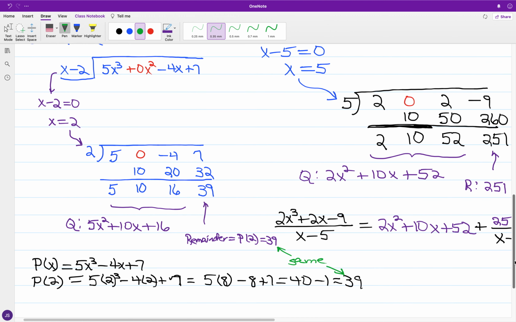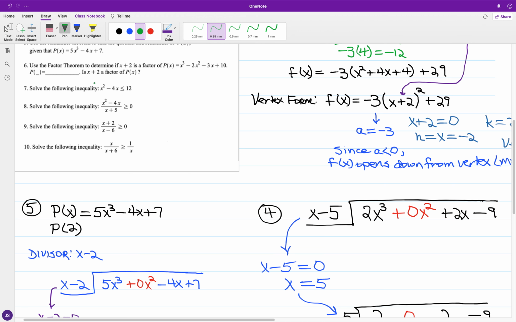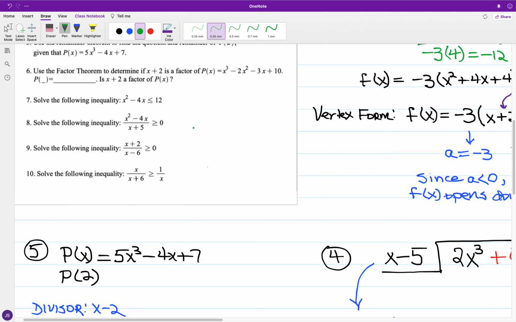All right, now for number 6, here we have the factor theorem. You're determining the remainder and then figuring out if x plus 2 in this case is going to be a factor of p of x.